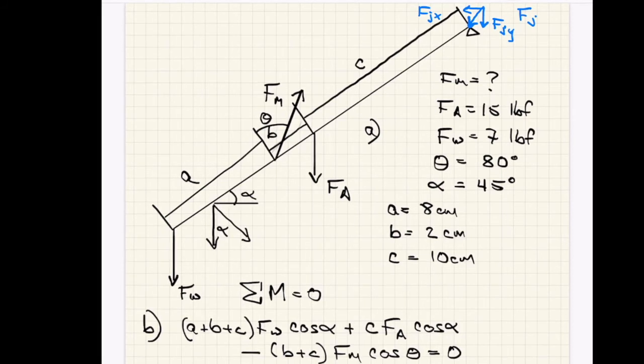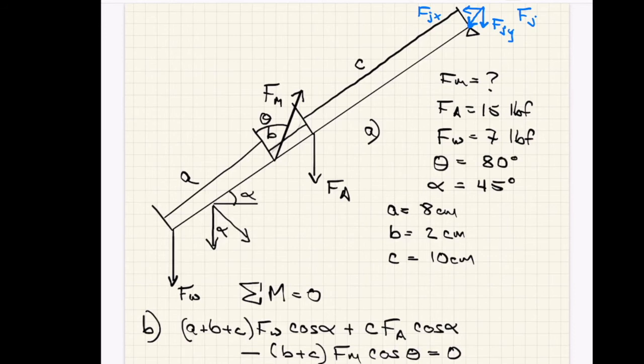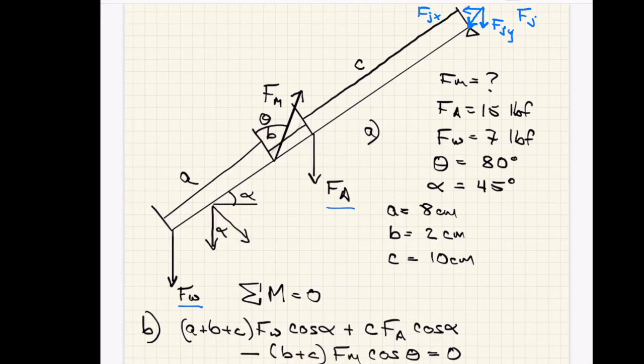Now, in anticipation of this, we have to figure out what are the x and y components of the forces of interest here. And so we see that Fw and Fa are easy. They're both in the y direction. So we don't have to do anything with Fw or with Fa.